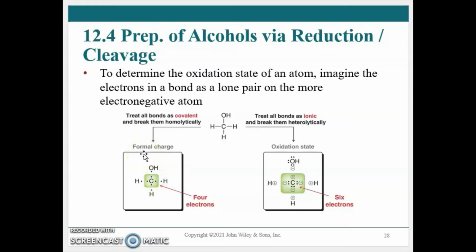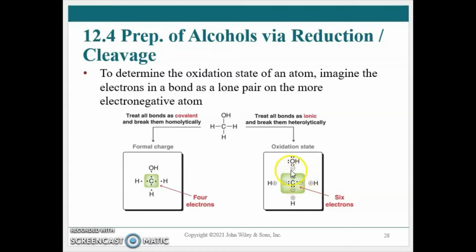When we're calculating oxidation state, there's a difference. With oxidation state, we treat all the bonds as ionic, and we break them heterolytically. So we don't do the equal sharing of the electrons. We assign ownership of that pair of electrons to the most electronegative atom in that 2-atom bond.